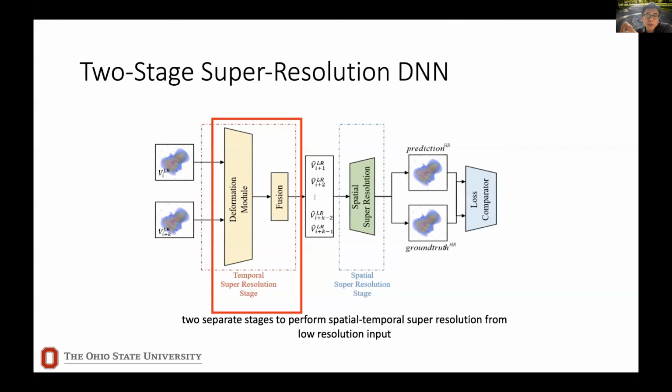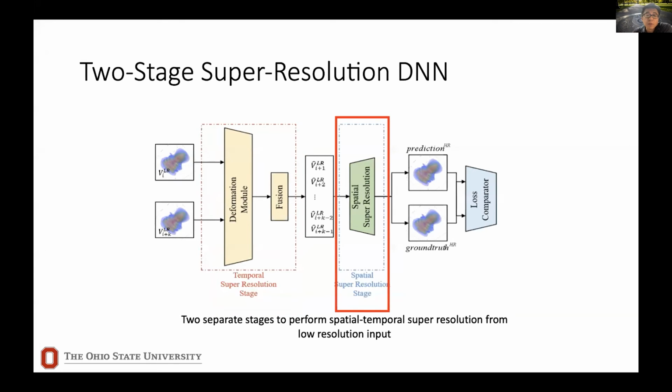So you can imagine this is optical flow. So we want to do the motion estimate. Once you have the motion estimate, you're able to warp the data into the new position. Now, this is roughly the motion estimation plus fusion. The fusion is because you want to calculate from the first time step to the time step in question, and from the last time step to the time step in question, and you combine them. So this is temporal super resolution.